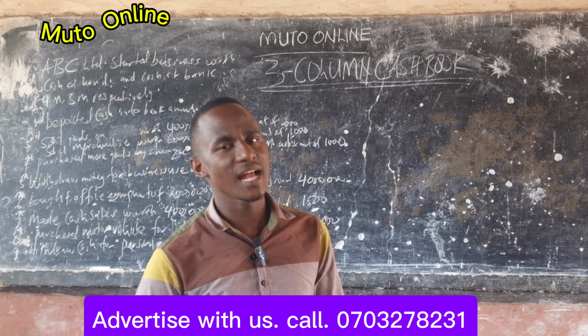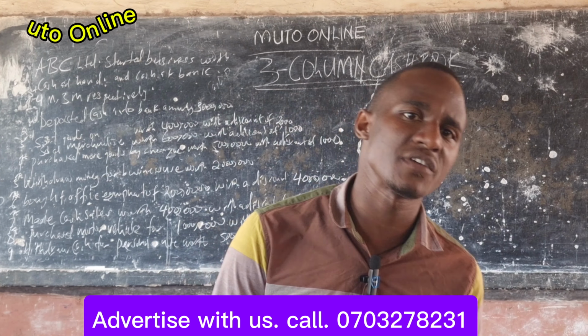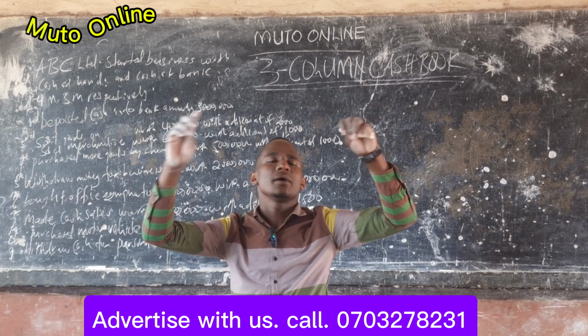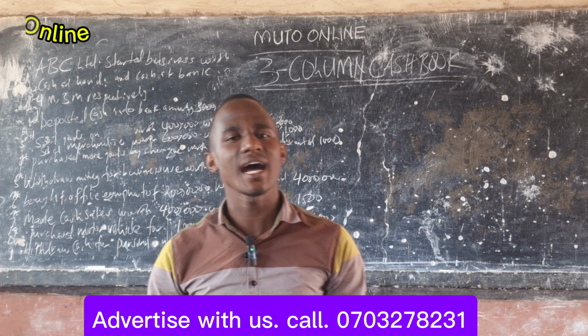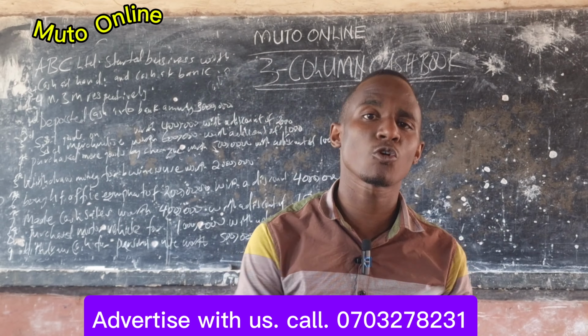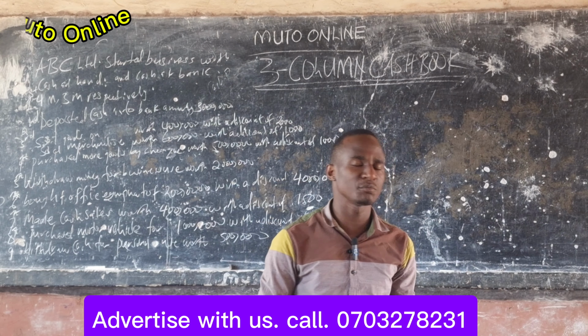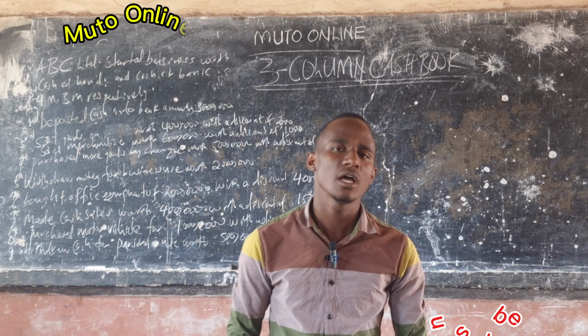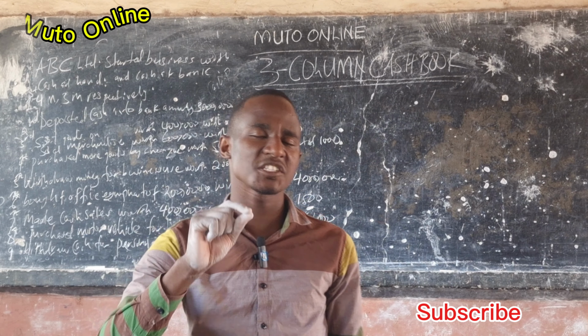Just like I said in my previous video, the distinguishing feature that the 3-column cash book has over the 2-column cash book is the discount allowed and discount received columns, because each and every cash book differs from each other.